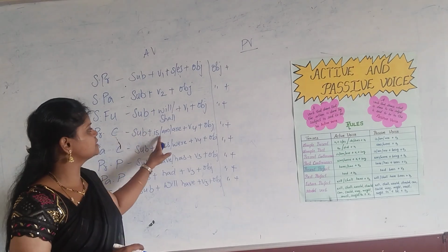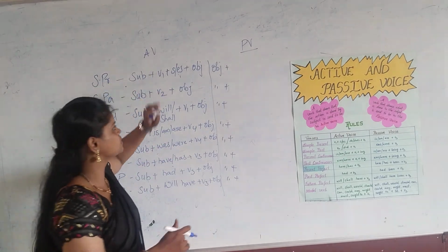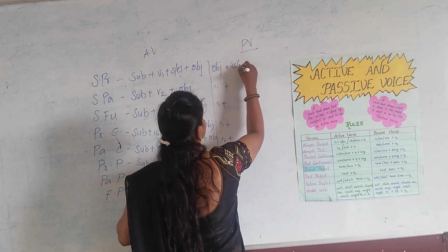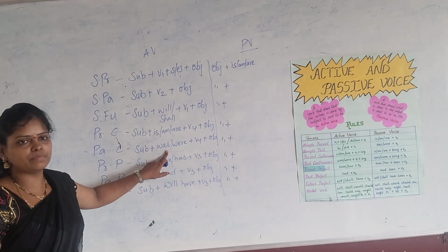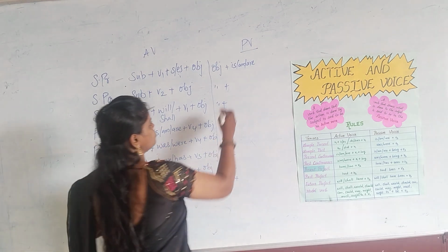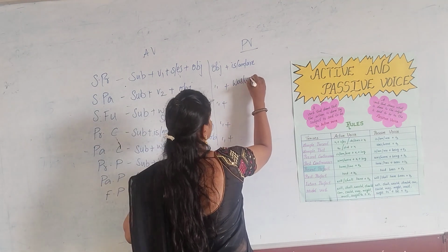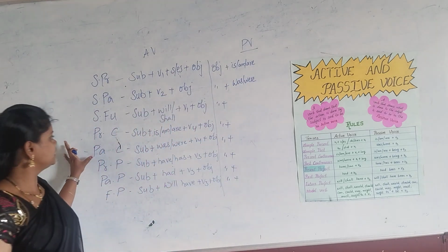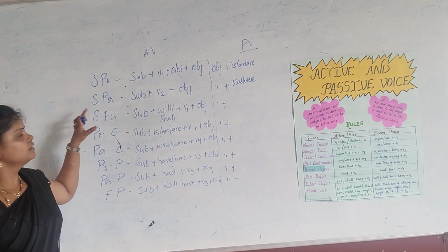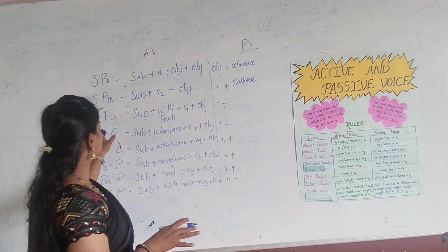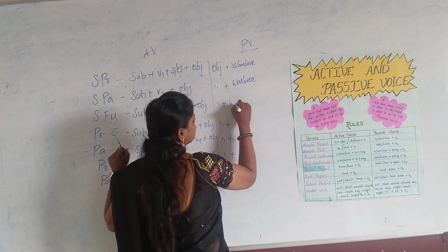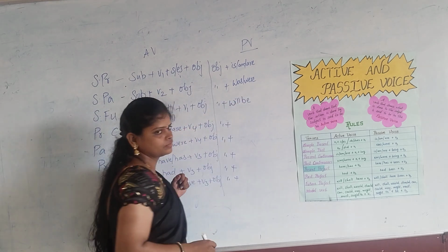For present continuous, is, am, are. So the same we should write for simple present: is, am, are. Simple past, what is the helping verb we are using here? Was or were. And here I didn't write future continuous. Simple future, will be.